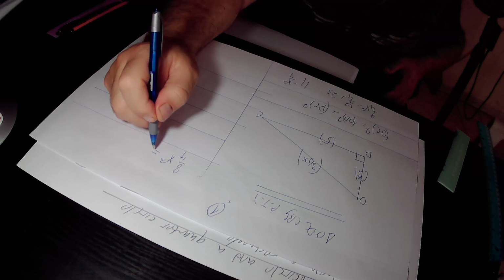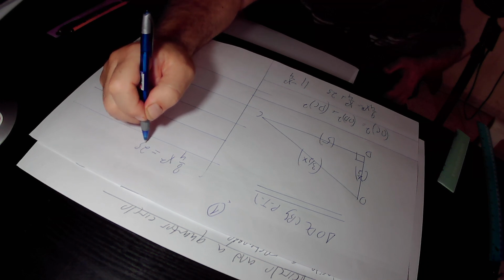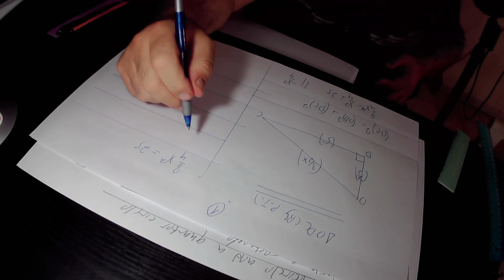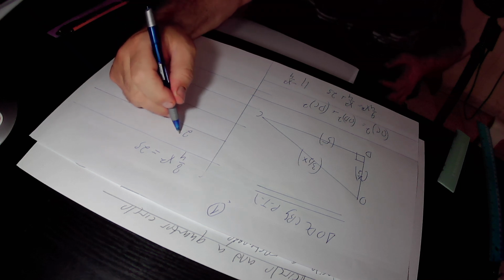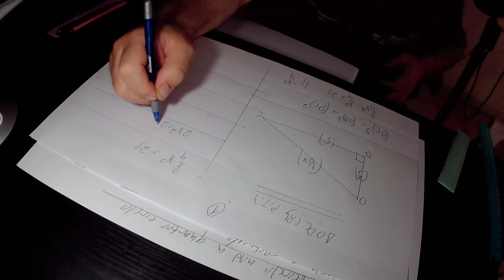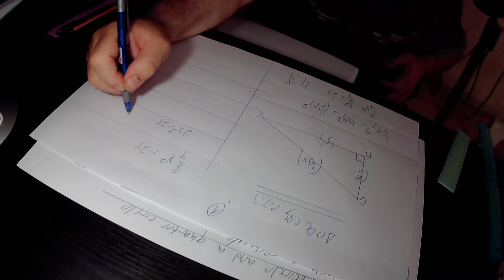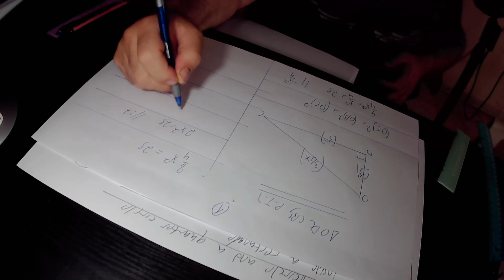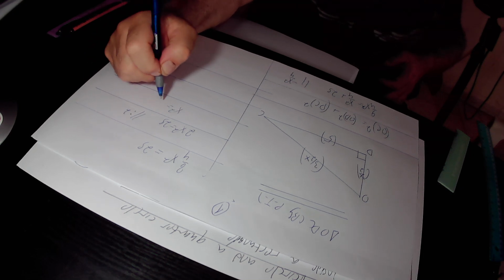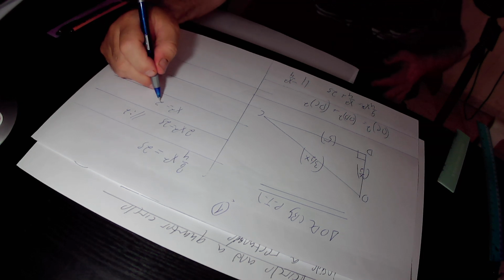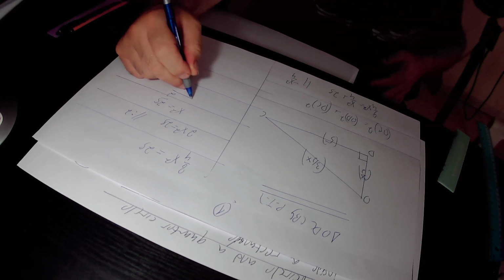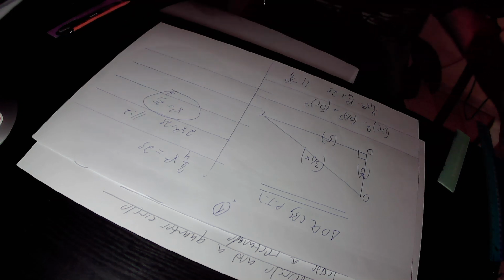So it equals 25. 8 over 4 is 2. So in total we get that 2x squared equals 25. Here we divide this equation by 2. And finally we get that x squared equals 25 over 2.